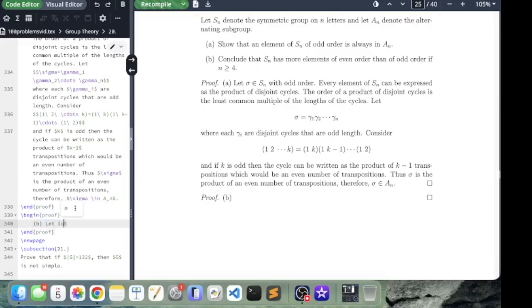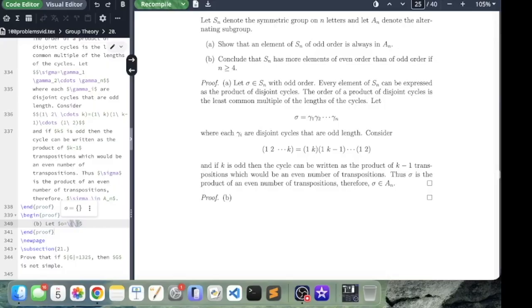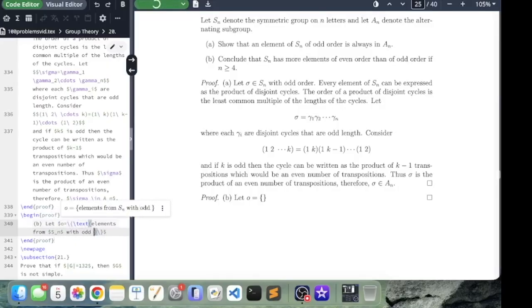We're going to let O be the number of elements from Sn with odd order.